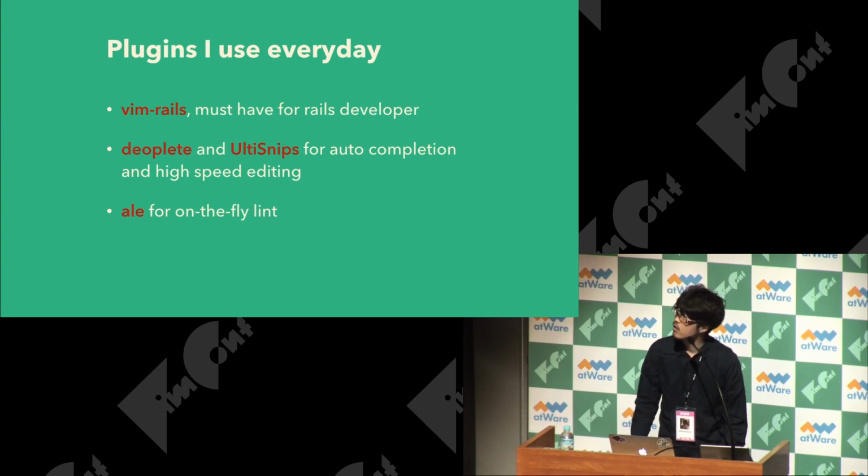And ALE, this one is less common. So if you don't know about ALE, you can learn about it today. Basically, it's an on-the-fly lint plugin for Vim. And if you know Syntastic, it's basically a better version of Syntastic. And I use Rubocop with it.